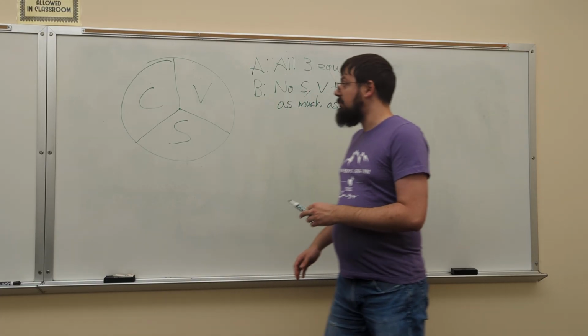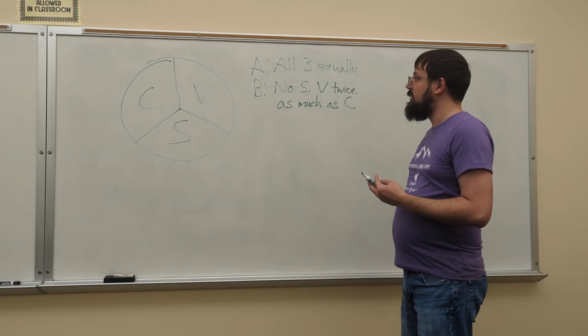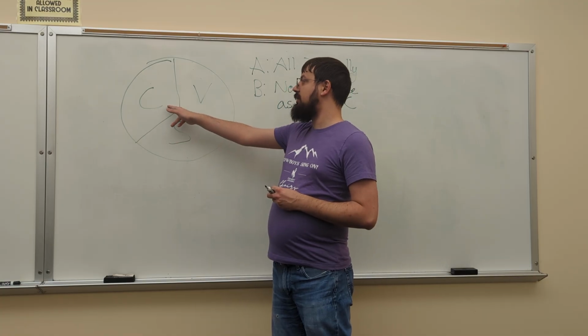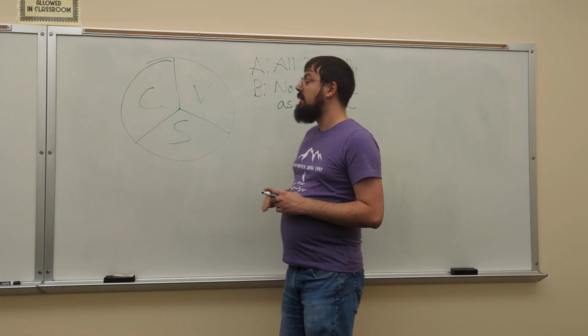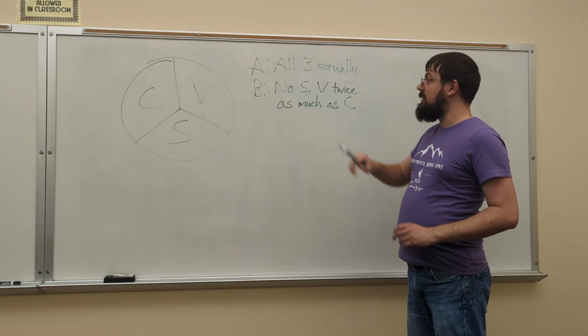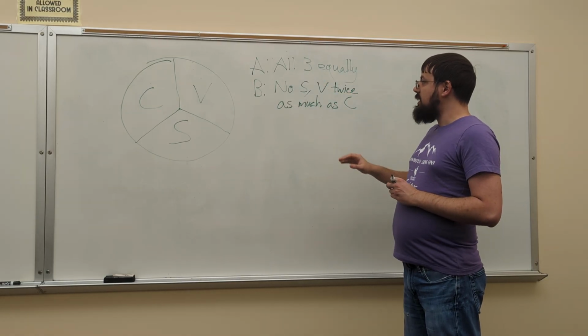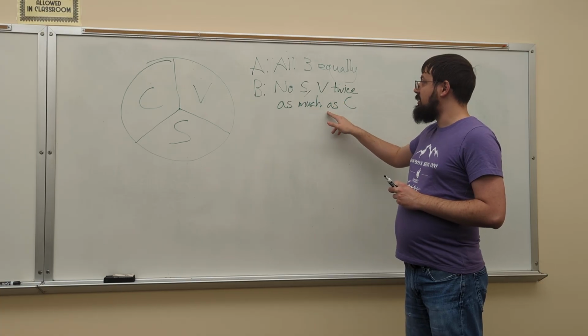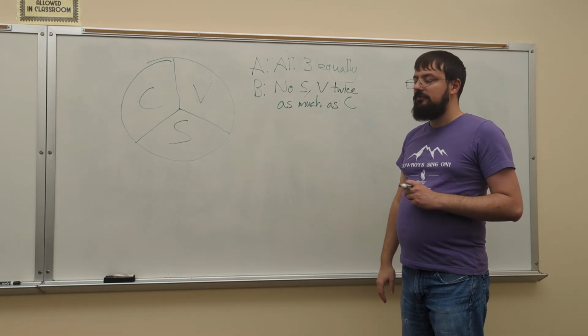So to look at an example of what this looks like, say we have a cake that's divided into three sections. We have chocolate, vanilla, and strawberry, and we have two players. Player A likes all three of them equally. Player B does not like strawberry, but likes vanilla twice as much as chocolate.